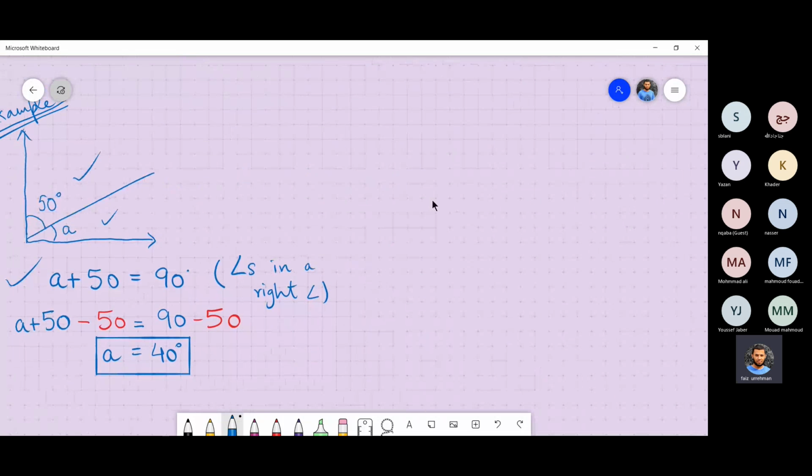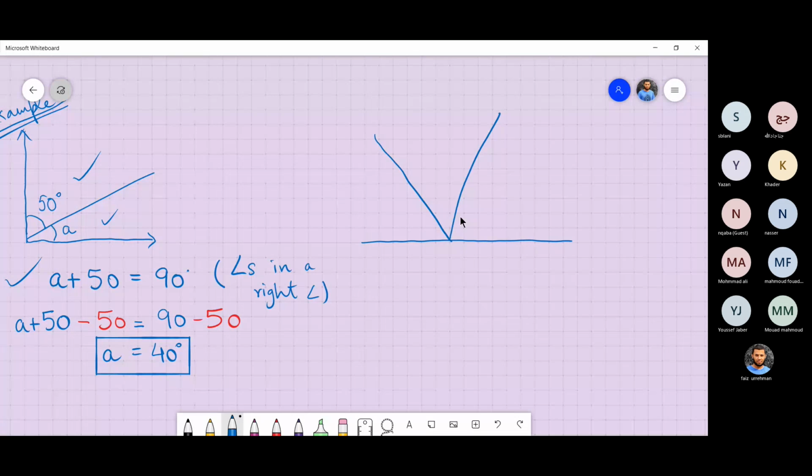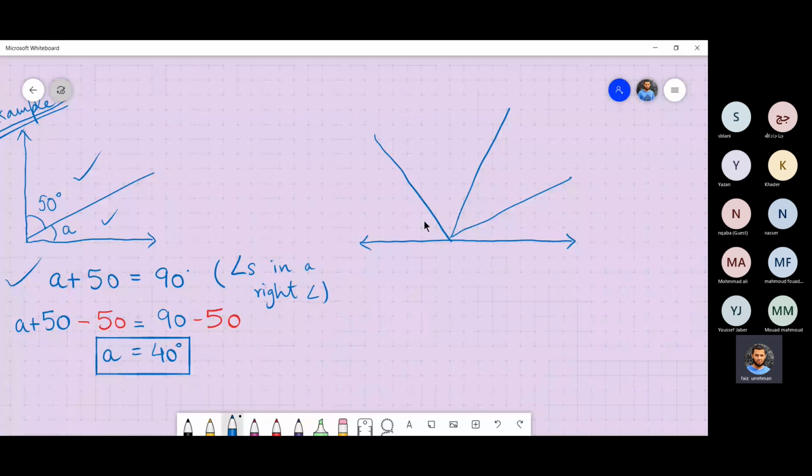Now another example can be on a straight line. Something like this. This is a straight line. Okay. How many angles are formed above this straight line? How many angles are formed? 3, 4?